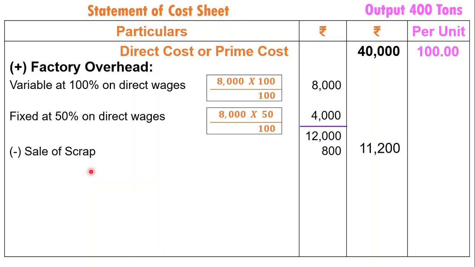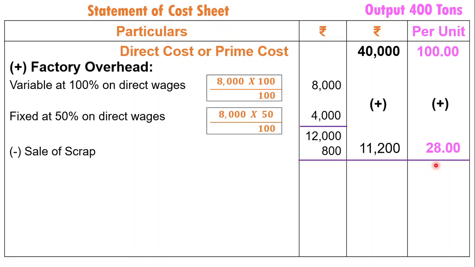Now the remainder balance is 11,200. For 11,200, per unit or per ton calculation to be made, that is 11,200 divided by 400, which is equal to 28 rupees.